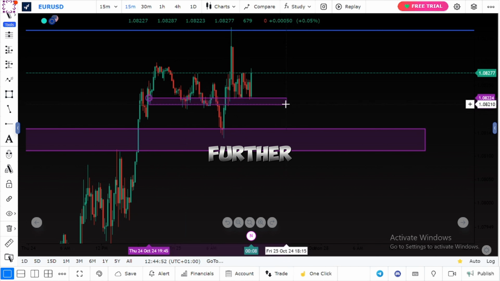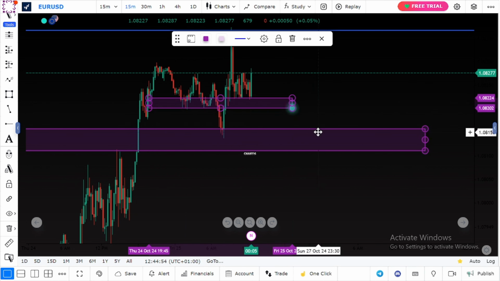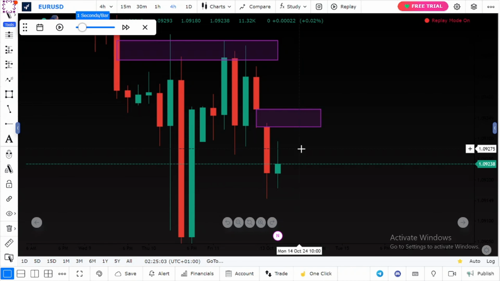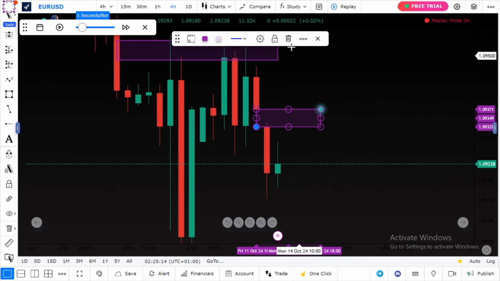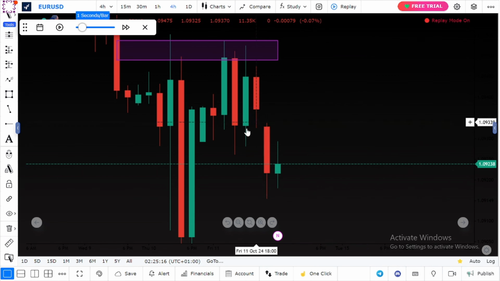And without any further ado, let's get straight into the charts. So we're on the charts right now, and as you guys can see, we're going to start with the 4-hour time frame. The reason I'm starting with this is so that you guys can be able to see this. Do you guys see this gap right here? I want you guys to see this gap right here.